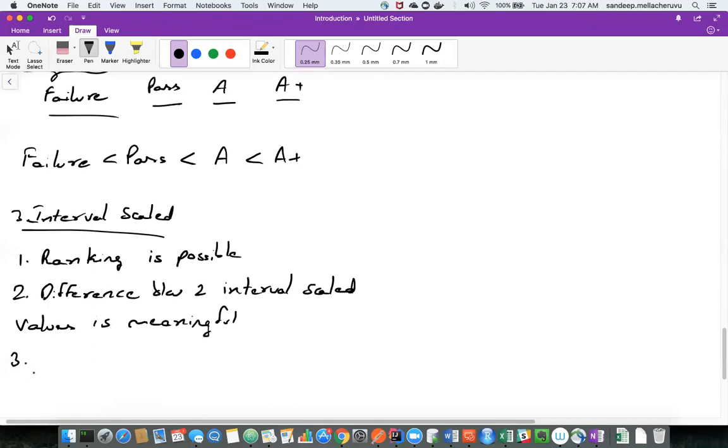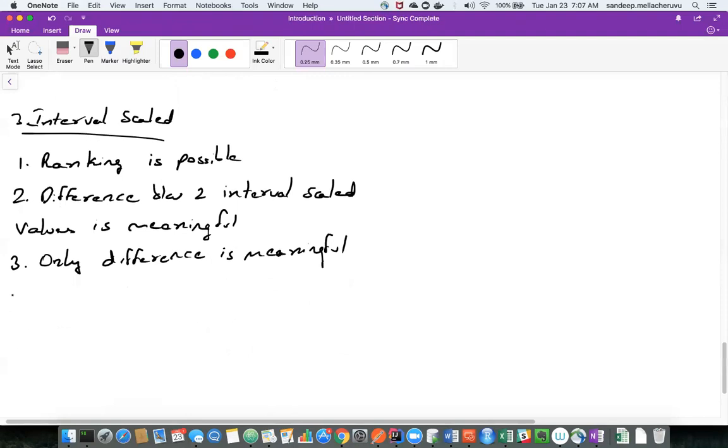The more interesting part is that only subtraction is meaningful. First, I am saying that difference is meaningful. The second thing is that only difference is meaningful. We'll see how.